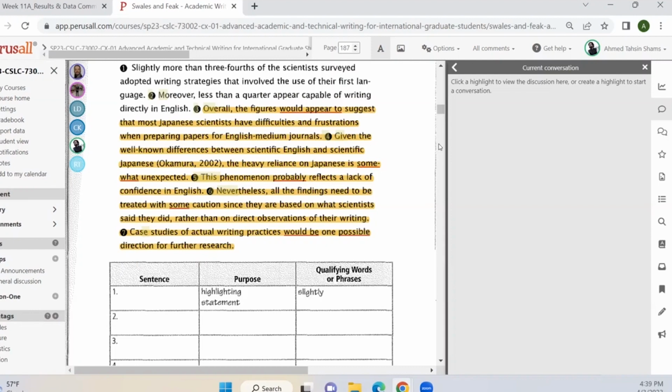So we got an organizational structure. We highlight data after the summary statement. We talk about the conclusion. We mention the unexpected result, and then a possible explanation of that unexpected result. Then we talk about limitation. Number 7: Case studies of actual writing practices would be one possible direction for further research. Suggestion for future.